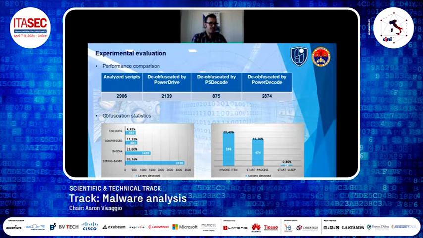About statistics, we can say that thanks to the module that recognizes obfuscation forms, we can carry out statistics about the obfuscation employed by attackers. So regarding Invoke-Expression and cmdlet overriding, PowerDecode was able to detect some actions performed by malware and carry out statistics.